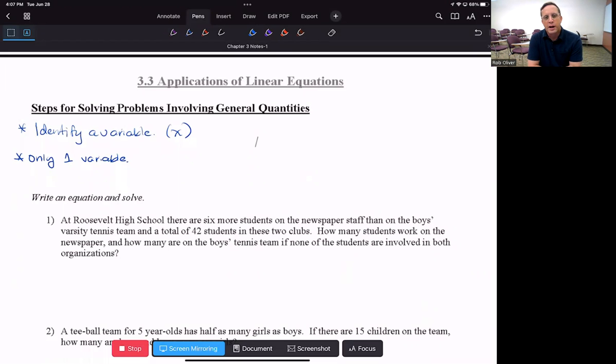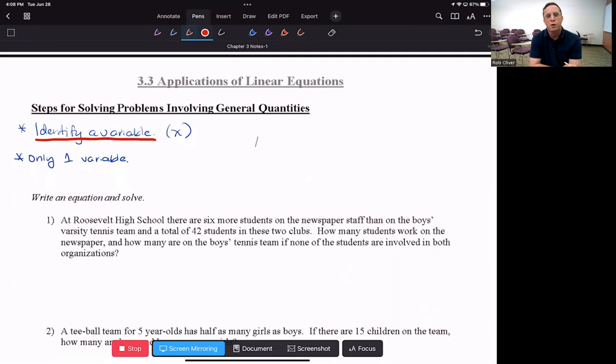Now, for these particular problems, one of the more important steps for solving them is going to be identifying a variable. That's what we want to do. We want to identify the variable. So for instance, we want to figure out what X is. What does X stand for? Like in number 1, does it represent the number of students?